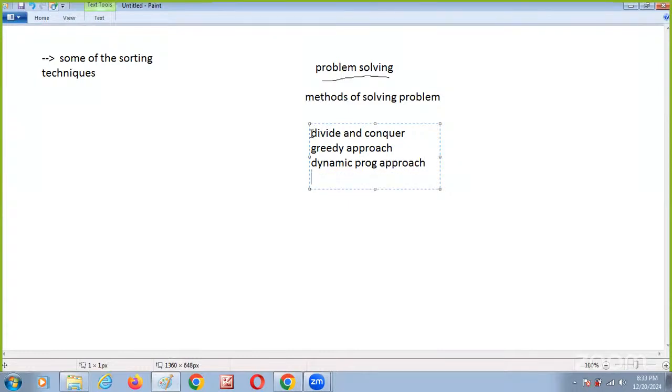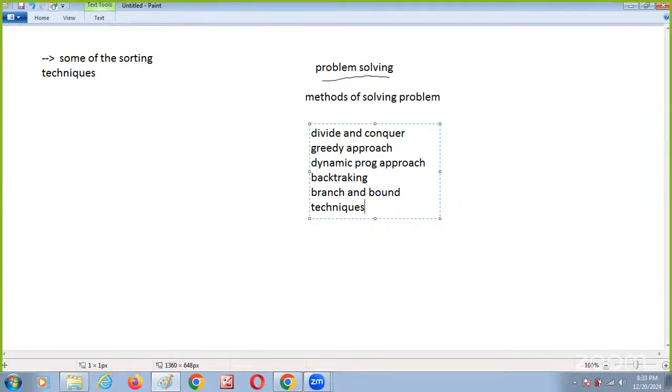And also we have a backtracking approach. And also we have branch and bound techniques. So these are the different problem solving approaches.